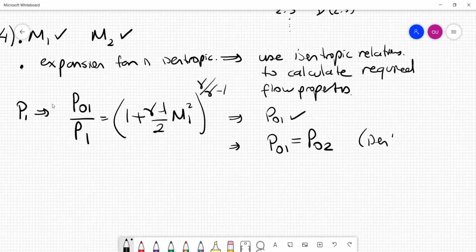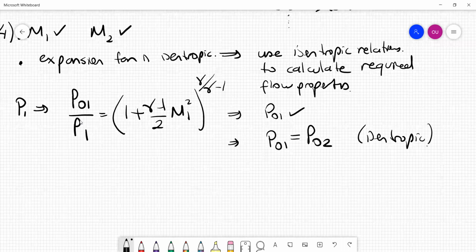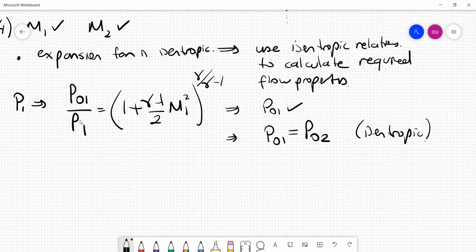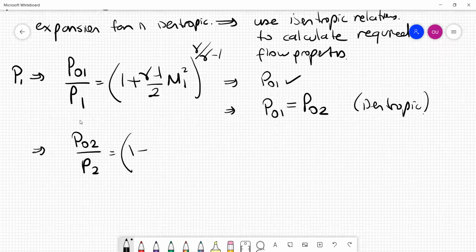And from here, I can use the same isentropic relation, which relates P02 to P2, and this is written as a function of M2 downstream of the expansion fan, to the power gamma over gamma minus 1. So from here, M2 is known, P02 is known, P2 can be calculated.